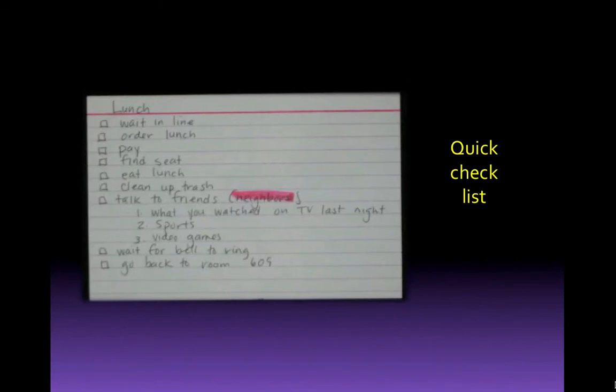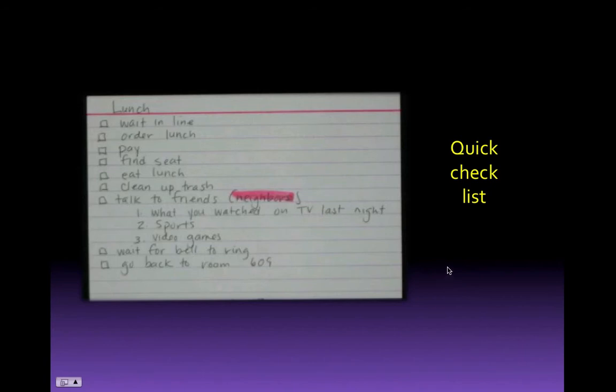And visual aids can be really quick. Here's a little checklist just for lunchtime that lists out the order and the sequence of what's going to happen during lunch and what's going to indicate a transition back to the room, which is wait for the bell to ring and then go back to the room.